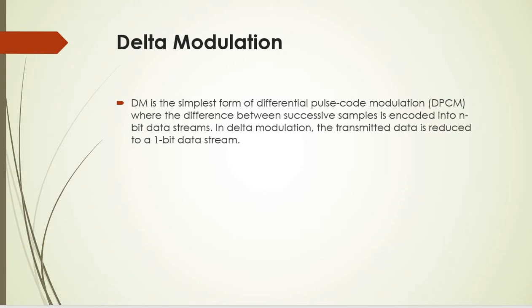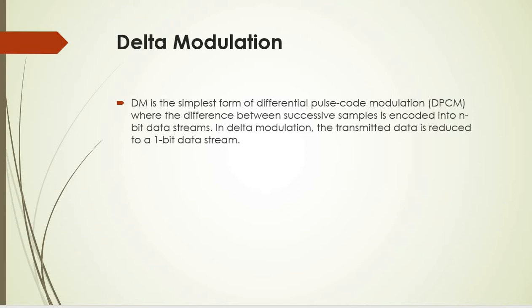So, in a practical delta modulated circuit, the present value of the input data is compared with the previous sample value, and the transmitted bit depends on whether the amplitude is less than or greater than the previous sample.